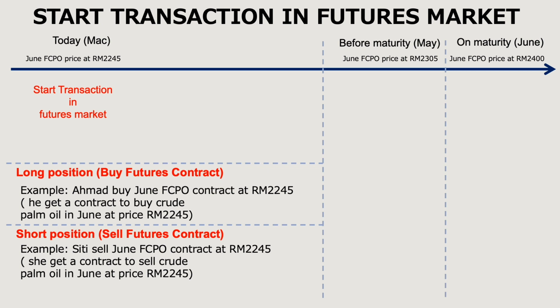If you sell a June FCPO contract at price RM2245, you get a contract in which you agree to sell crude palm oil in June at price RM2245. So basically, when you buy or sell a futures contract, both parties get a futures contract. Okay? So that is how you start your transaction in the futures market.